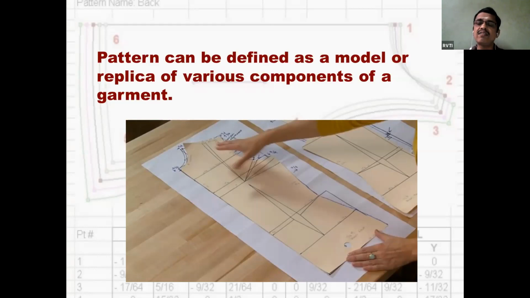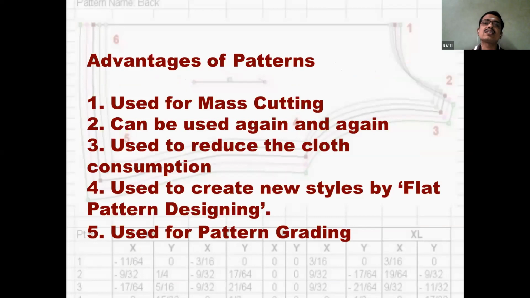For a shirt, we have to prepare patterns for all the important components. Normally patterns are made using paper, though we can make patterns using cardboard, plastic board, anything. But normally paper is used for preparing patterns, hence they are called paper patterns. What are the advantages of paper patterns? They are used for mass cutting, particularly in garment factories and ready-made garment units, for bulk cutting.